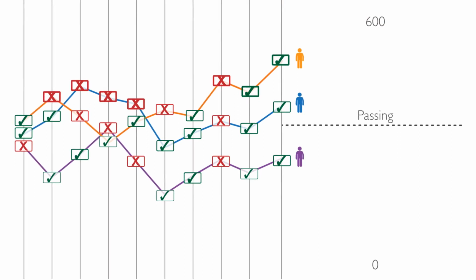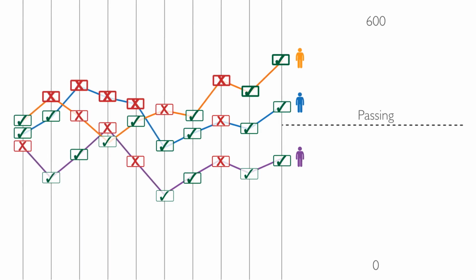CAT test scores will be reported using the same scale as all other SOL tests, with scaled scores ranging from 0 to 600, with 400 representing the minimum passing score. For CAT, each student's scaled score is determined by the number of questions answered correctly in conjunction with the difficulty level of those questions.